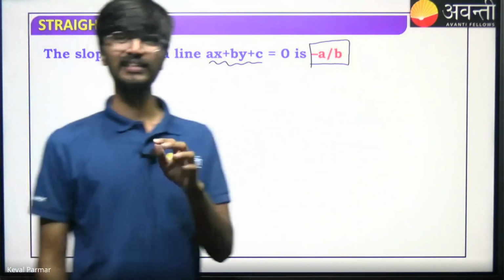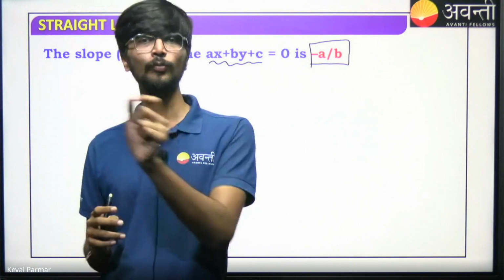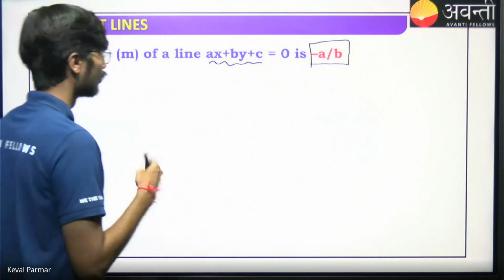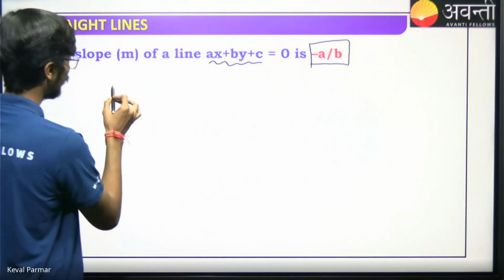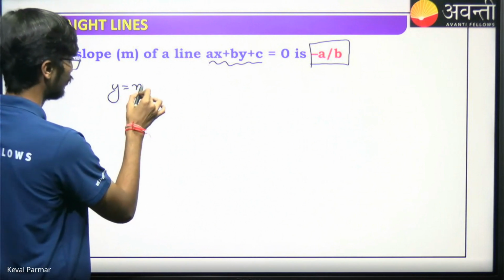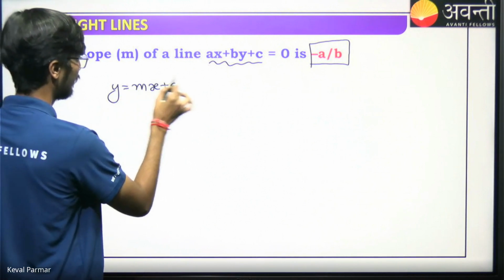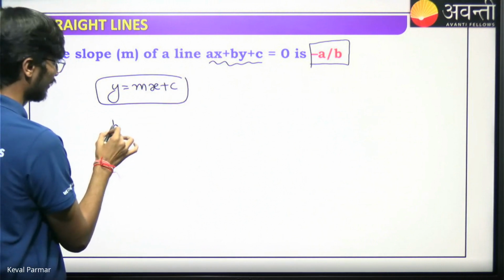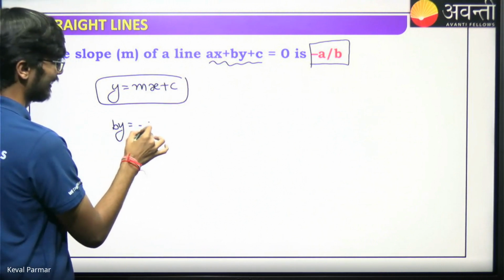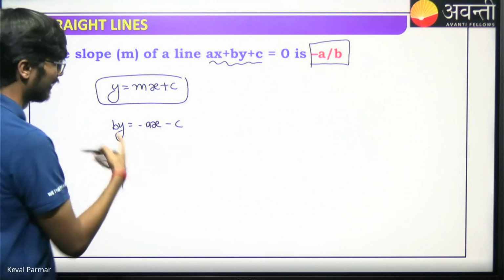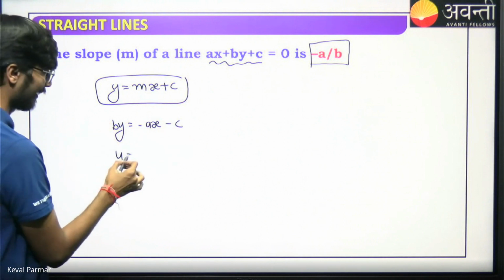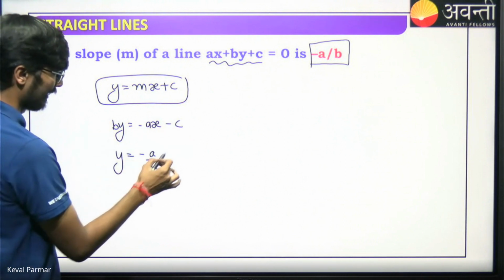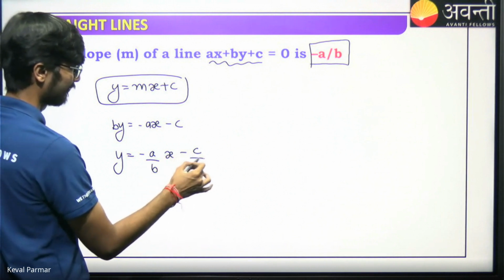We'll just convert the equation into slope intercept form. If you remember, the slope intercept form looks like y equals to mx plus c. Let us convert it. I'll take y on one side, so I'll get by equals to minus ax minus c. If I divide by b, I'll get y equals to minus a upon b x minus c upon b.